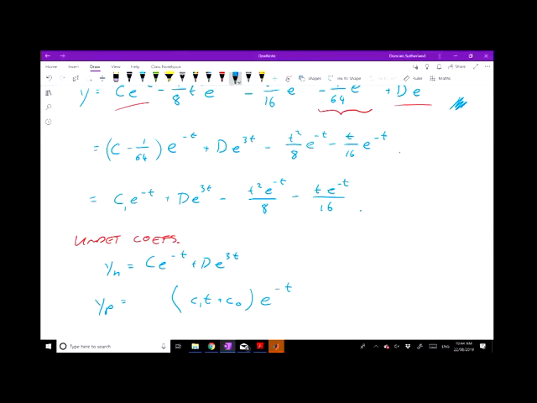No, it's not. E to the minus t solves this problem, yeah? So we're going to have a problem where we've got to multiply by t squared. So we're actually going to take the higher order polynomial. No, you don't need c0 there anymore.